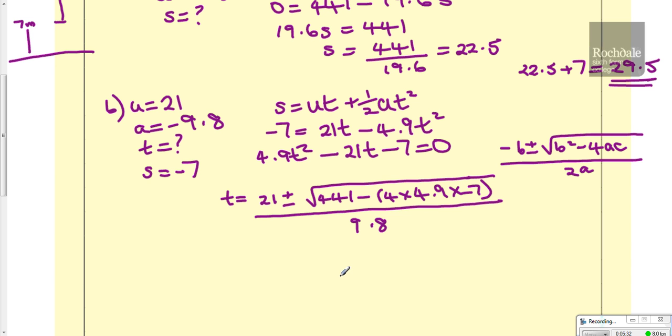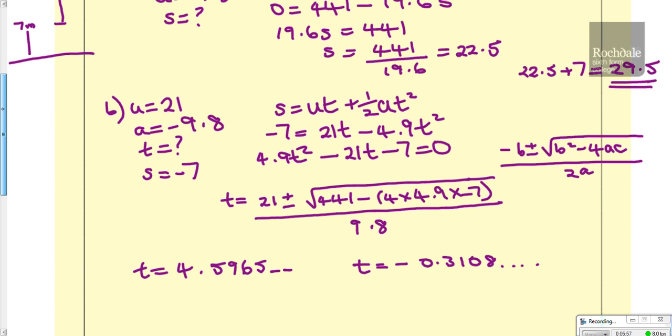Okay, so if you were to type all of that into your calculator, have a check by pausing the video at this point and make sure that you get the following two answers. So the answers that you should have got are 4.5965 or minus 0.3108. So which of these is correct?